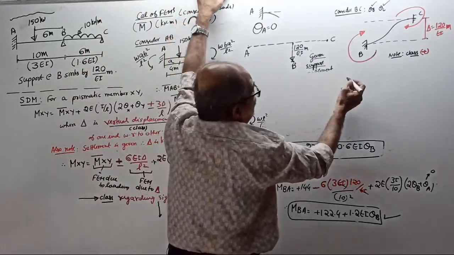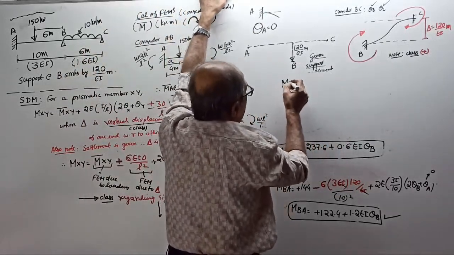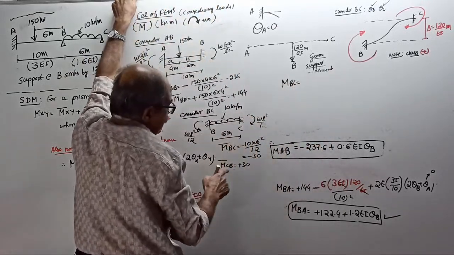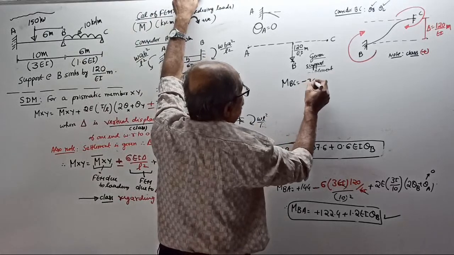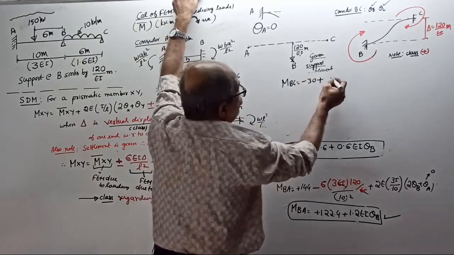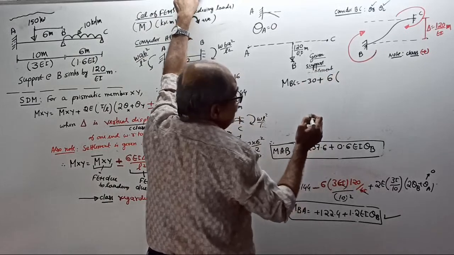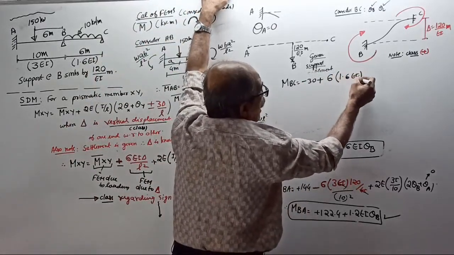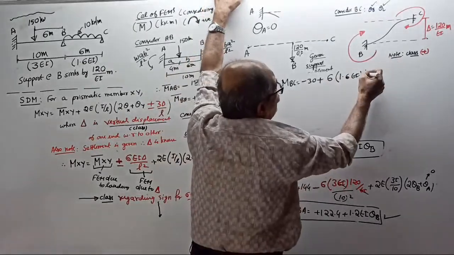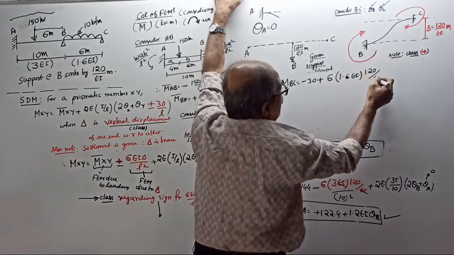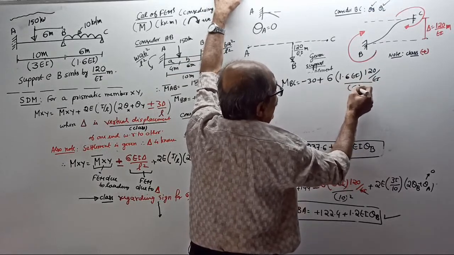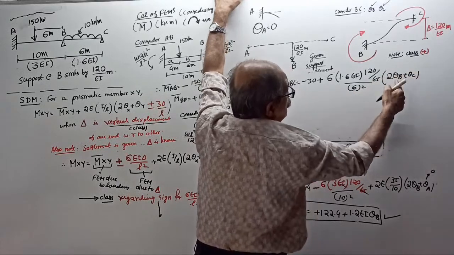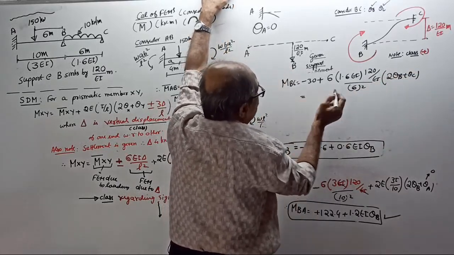Therefore, if I write now, M_BC equal to M bar BC. Where is M bar BC? M bar BC is minus 30 plus 6 into respective EI, how much EI? 1.6 EI, into delta, which is 120 by EI divided by 6 square, plus 2EI by L into 2 theta B plus theta C. You calculate this one.